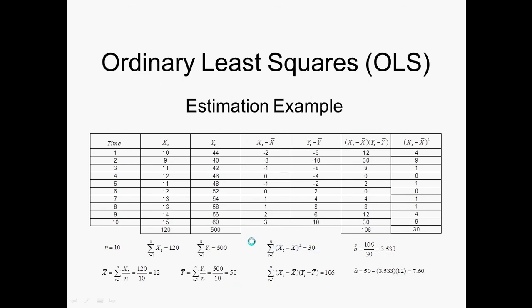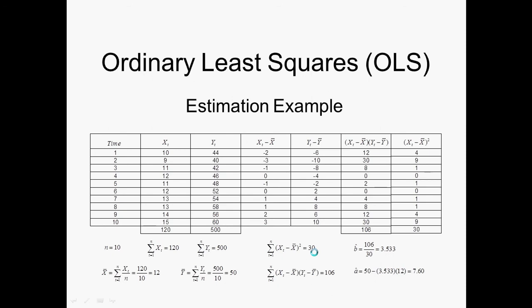For the denominator, we need to know this formula. So we take this x bar, plug it in here, and loop through all of the observations. For each one we calculate xt, the x value for that observation, minus x bar, and then we square each value, then we sum them together, and that gives us, in this case, 30.